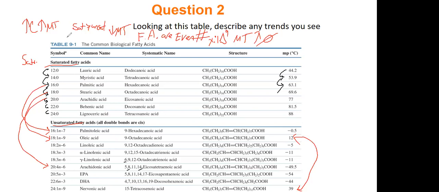What happens when we compare, let me get blue, 18:1 to 18:2 to 18:3, or a 22:4 to a 22:5 to a 22:6?